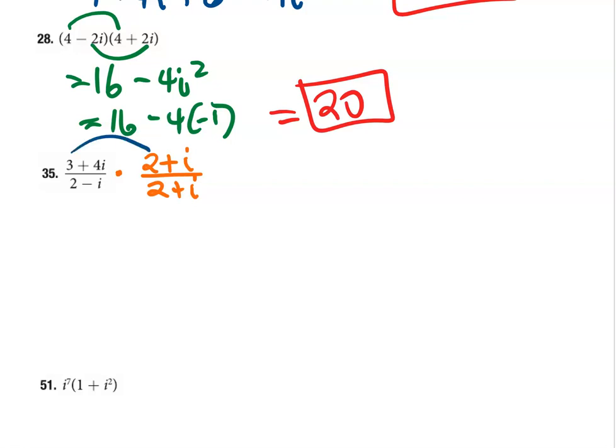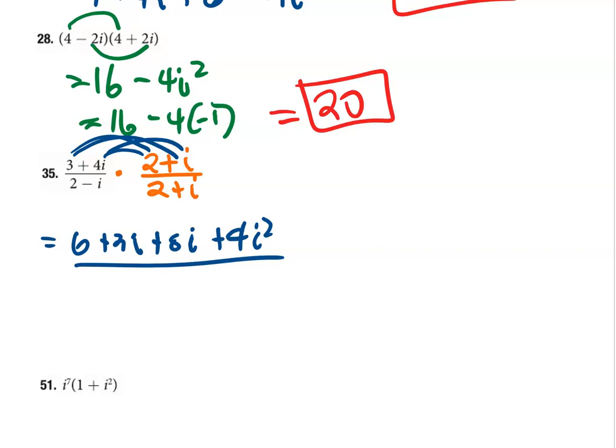So 3 times 2 is 6. 3 times i is 3i, 4i times 2 is 8i, 4i times i is 4i squared. And here, again, sum and difference, we just multiply the first terms: 2 times 2 is 4, and the second terms: negative i times positive i is negative i squared.